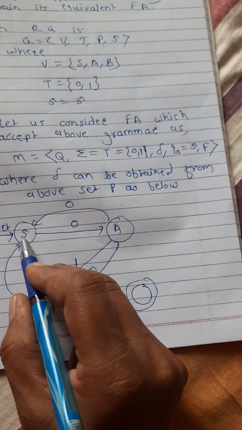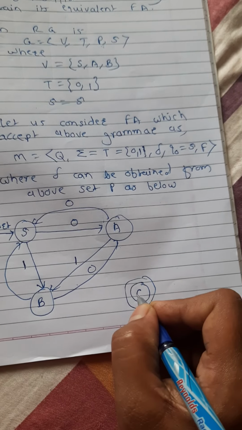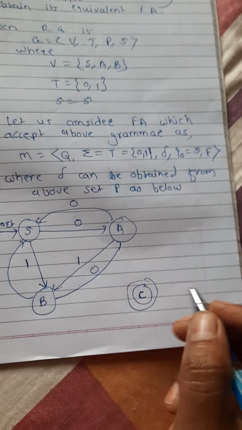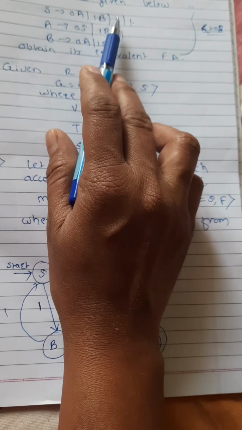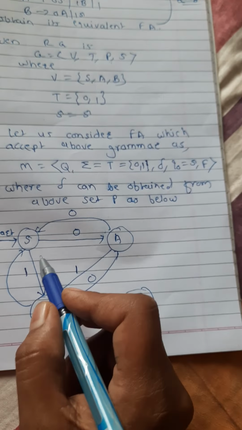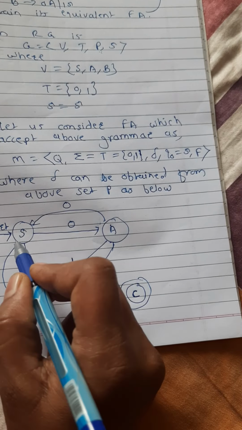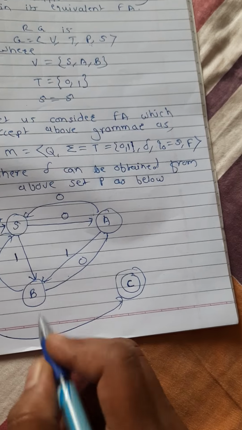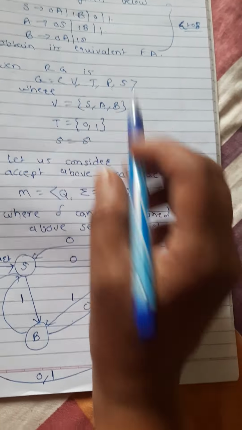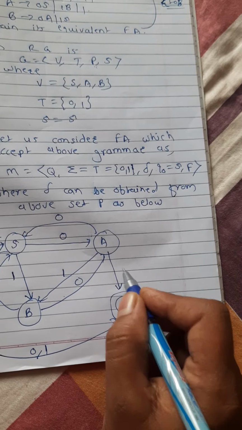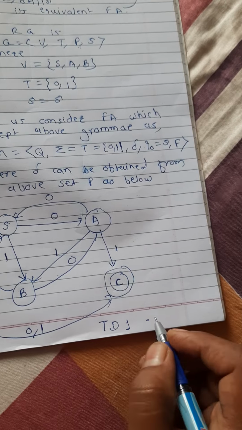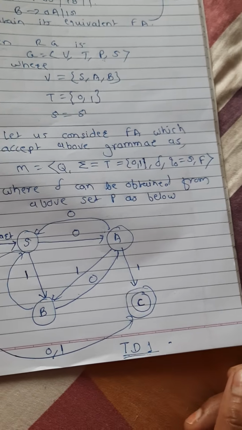Give a suitable label; let's name this state C. Then draw the transitions: S to the final state on 0, S to the final state on 1, and A to the final state on 1. So this is transition diagram 1.